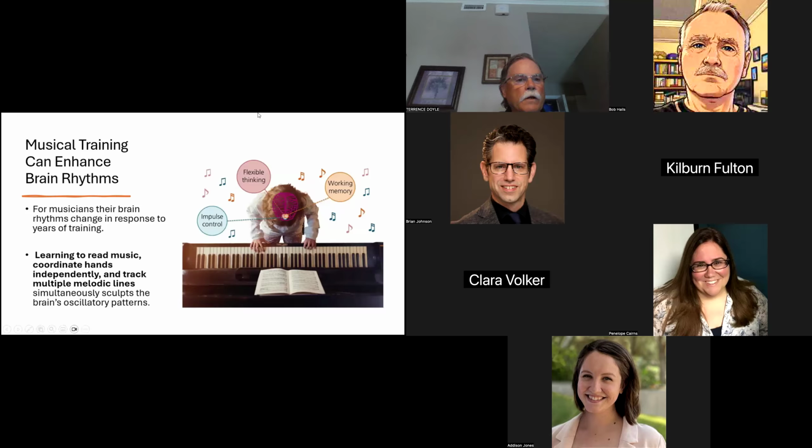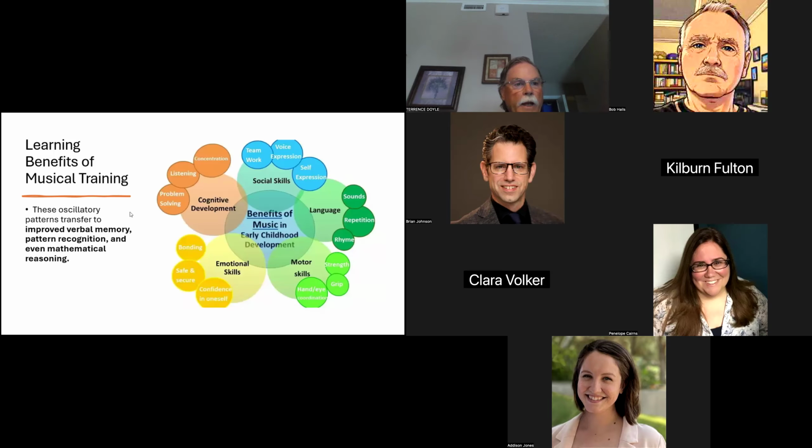Another thing that the research points out very clearly is that musical training can enhance brain rhythms. People who are full-time musicians, people that have studied full-time musicians, find that their brainwave activity is greater, and that things like learning to read music and coordinating hands independently, like playing the piano or the guitar, all of these things sculpt these brain patterns.